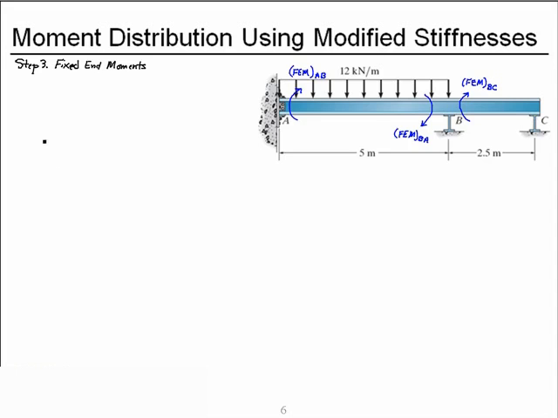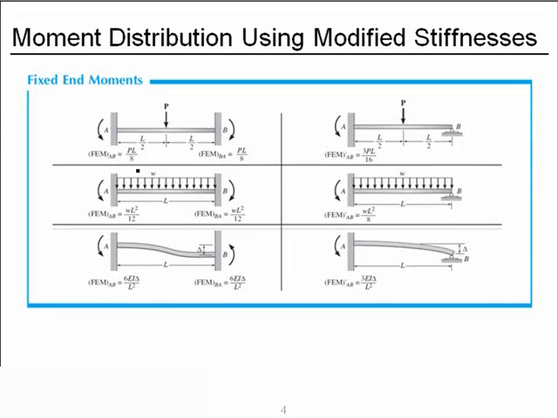Now for member AB, this will be the fixed-fixed situation with uniform distributed load. And when we look inside the back cover, these are the fixed end moments in that case. Omega L squared over 12, but this one is not clockwise.